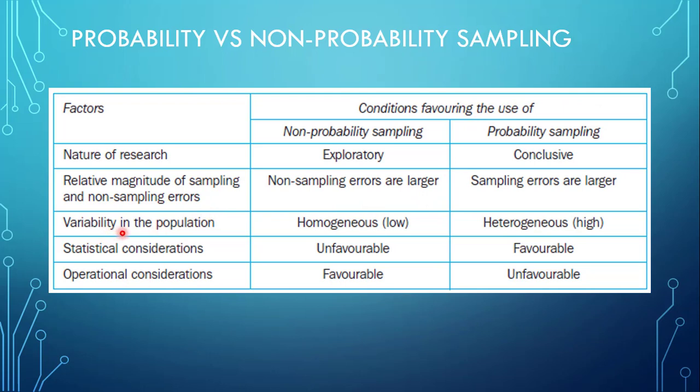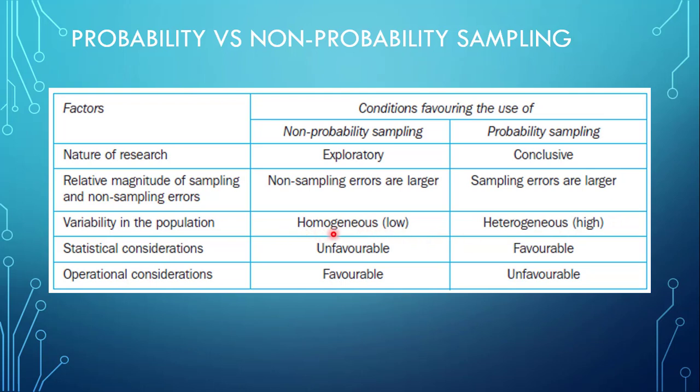And in terms of variability in the population, if the population is heterogeneous, meaning there is higher heterogeneity in the population, then you are going to use probability sampling so that you can include every characteristic in your sample.